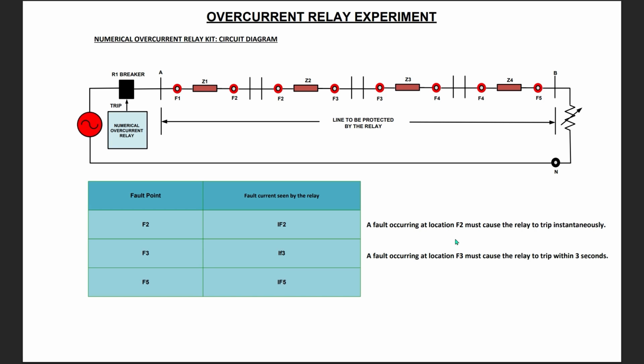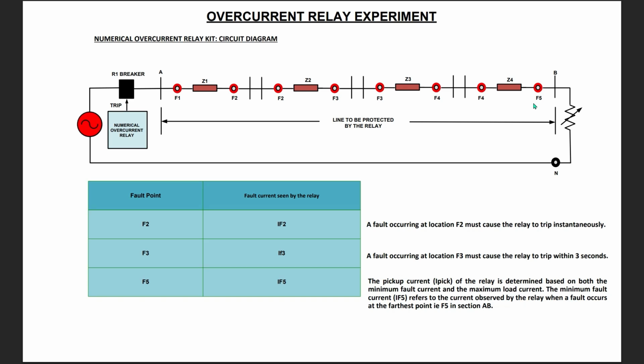We want IF3 because one of the conditions is that the relay is to trip within 3 seconds if there is a fault at point F3. And the IF5 current is needed for setting the pickup current of this relay.